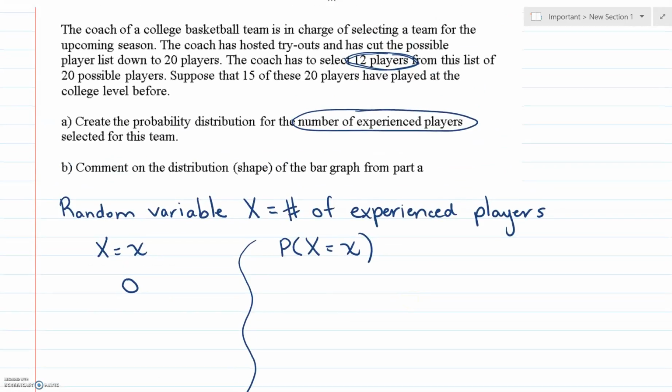I don't know. Do you think it's going to be a uniform distribution? Like rolling a dice or... No. Okay. So the next two choices are binomial and hypergeometric, right? Yeah. So both of those are super similar. It's either you're going to pick an experienced player or you're not. So both have a success and a failure. Yeah. So we're still not really sure if it's binomial or hypergeometric.